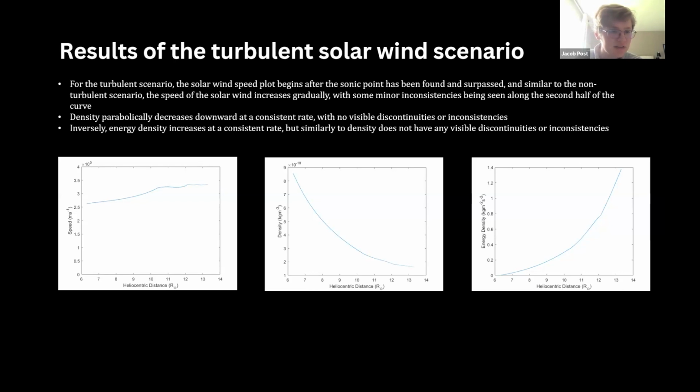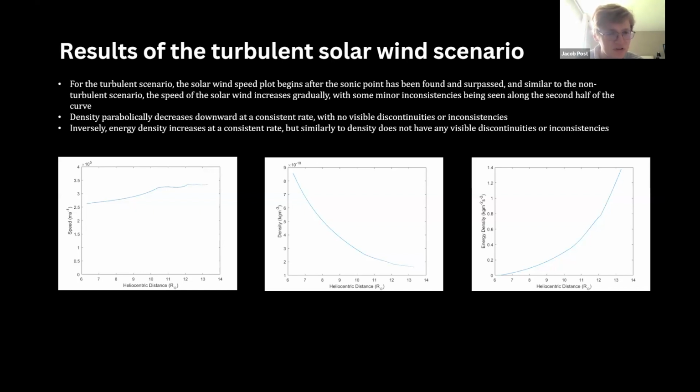And so on the left, we can see that, similar to the simplified equation, the solar wind speed gradually increases with a little bit of inconsistencies towards the second half of the graph. I believe that may be because of some simplifying assumptions that were made earlier on in the research project, but I digress.